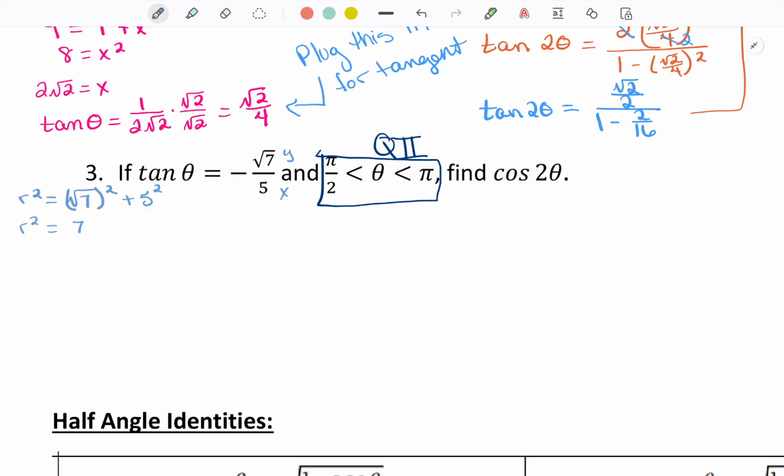I don't know why I started to say 49. Plus 25. And so that gives us 32. What am I thinking? And so r equals the square root of 32, and that simplified is going to be 4 square roots of 2.